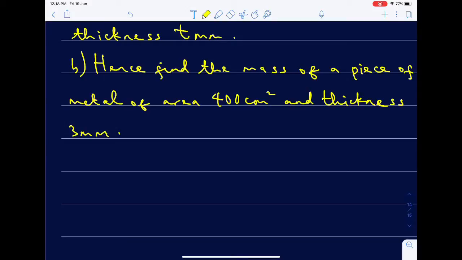This is our last example actually on joint variation.